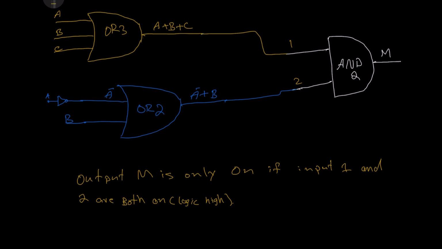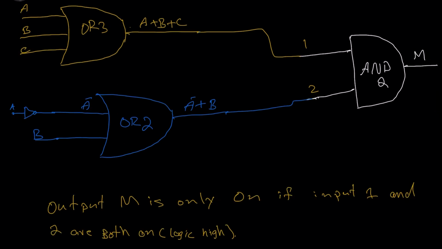But to turn on this OR3 logic gate, it doesn't matter which input is on, either A, B, or C, any of these three inputs will make this output, let's call this output M1 for instance, and let's call this output M2. To have M1 on, you'll have to have A, B, C, or all three on, or two of them, so any combination of them should be on.